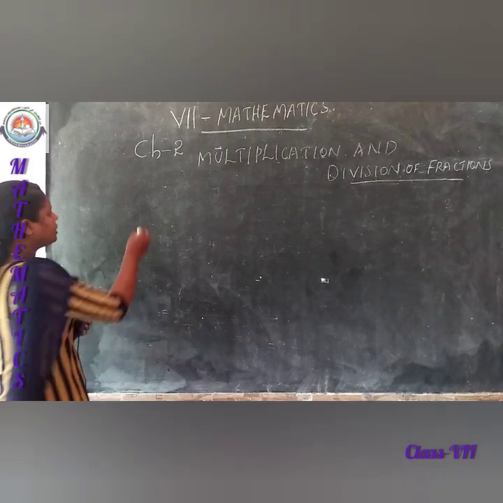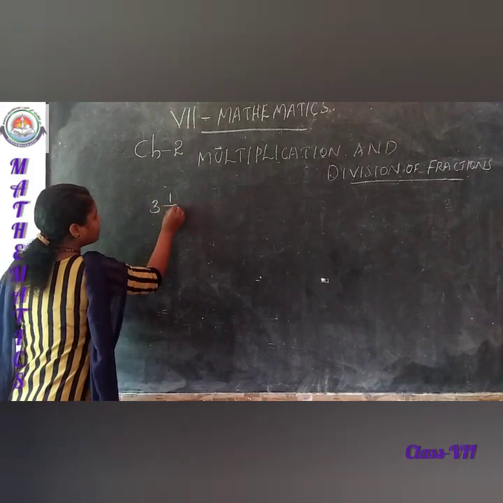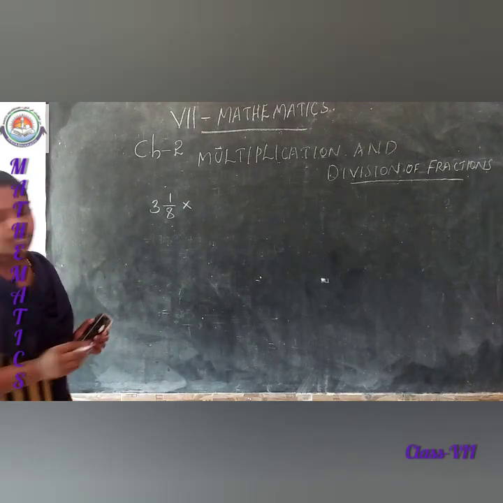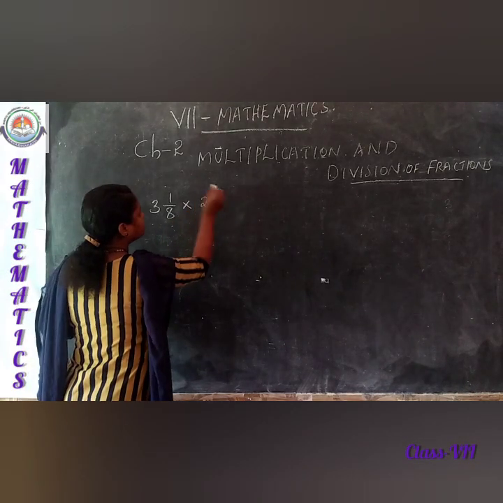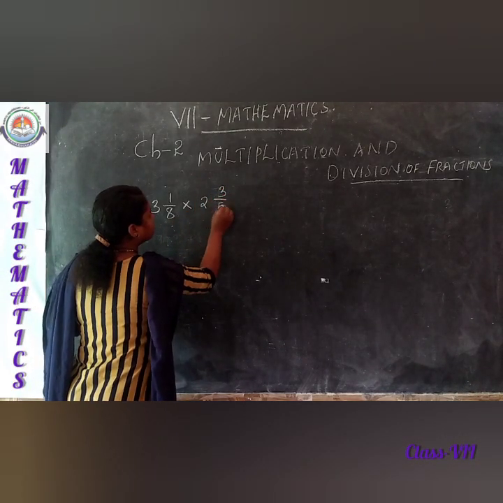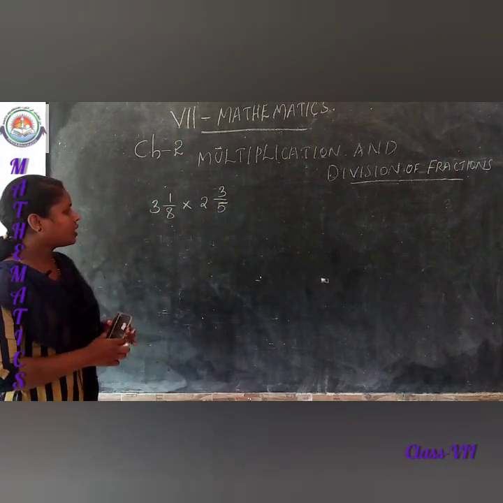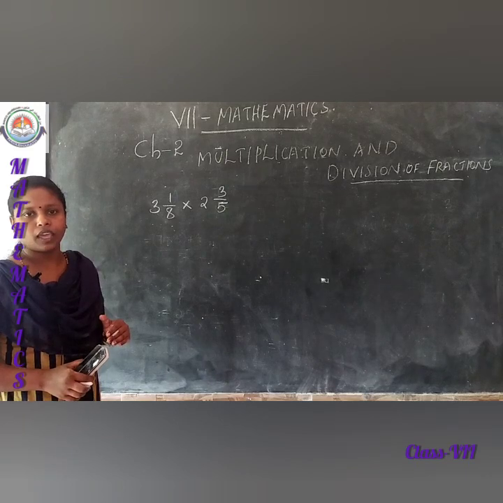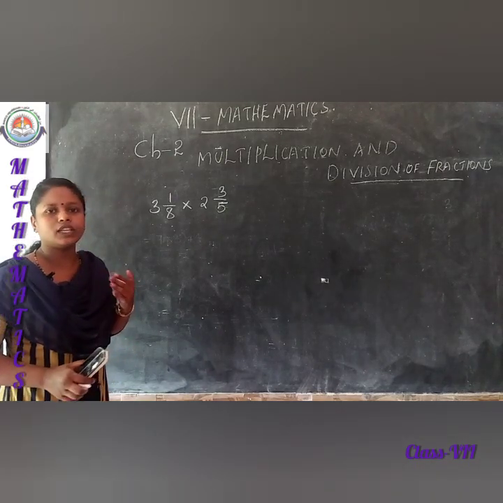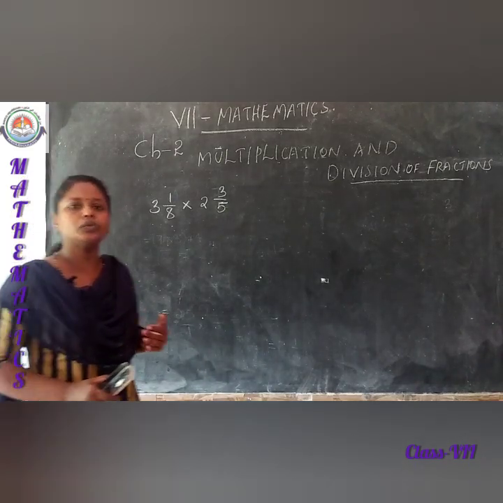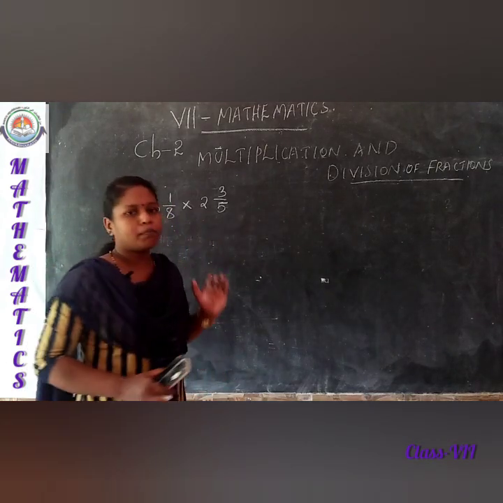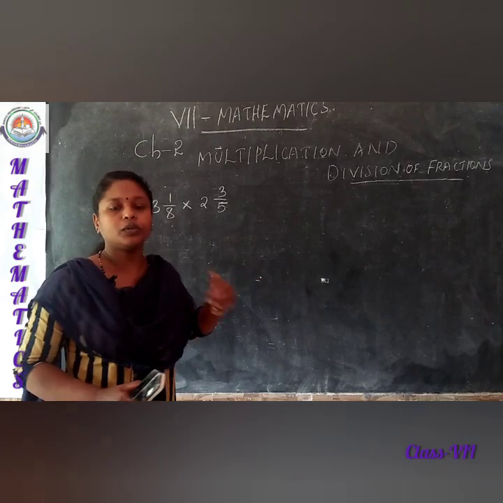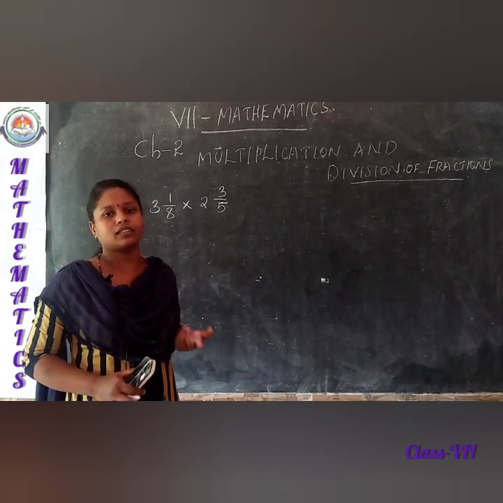Question is 3 1 by 8 into 2 3 by 5. Here we have two mixed numbers. So our first step is we need to convert these two mixed numbers into improper fractions.